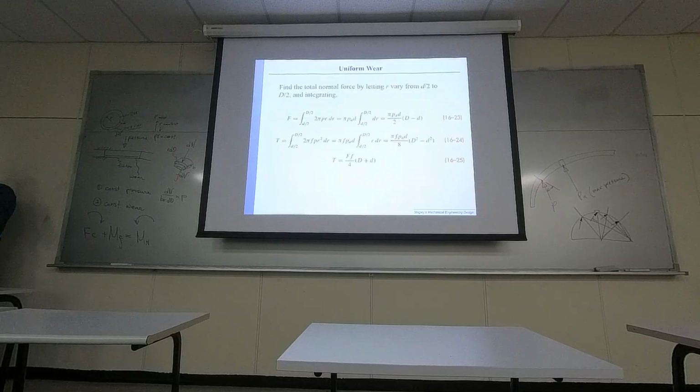So over here, 2 pi r dr is the area of the ring. And if you multiply by the pressure, that will be the total force on the entire ring.